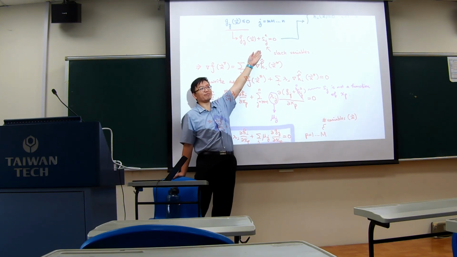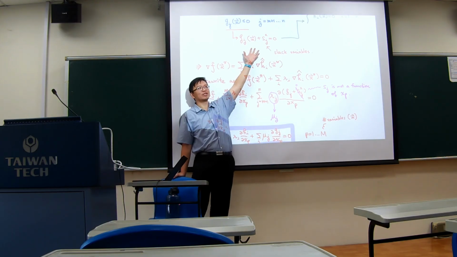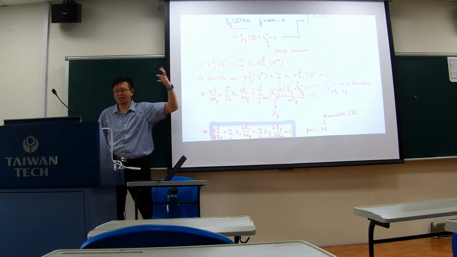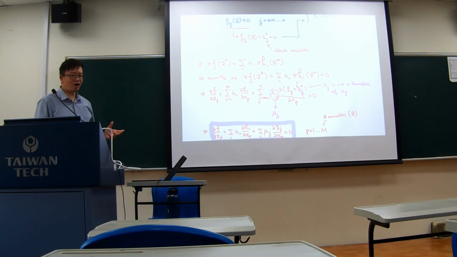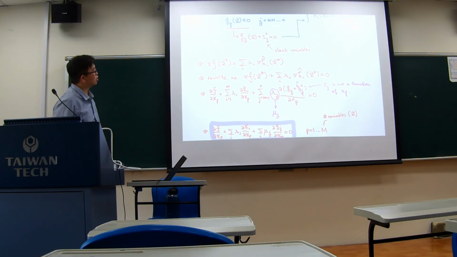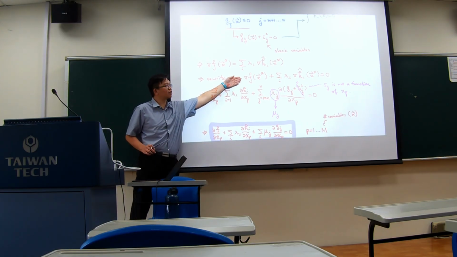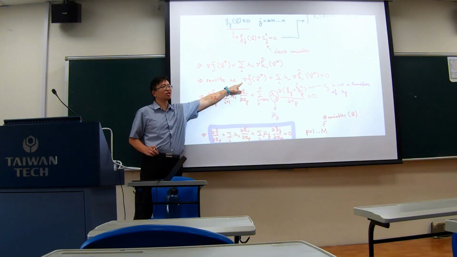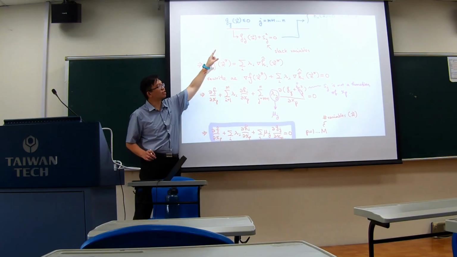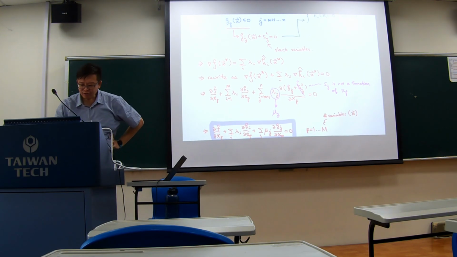When you introduce them, they become our variables. Even though we don't care what the slack variables look like, they are new variables being introduced. So when you do gradient calculations, you also need to do partial derivative with respect to slack variables. So let's do that.